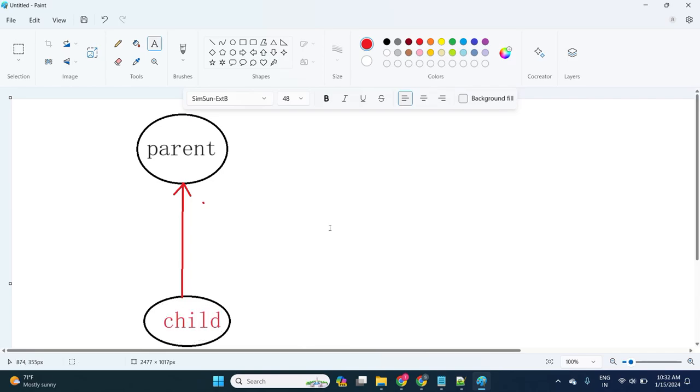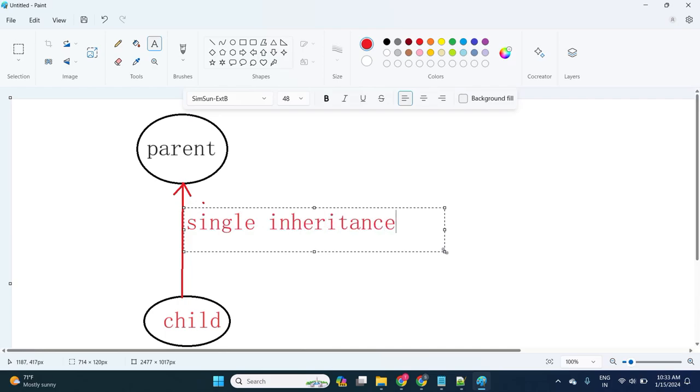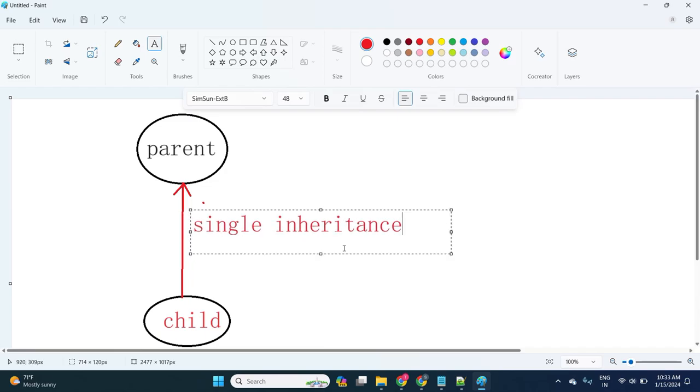A parent and a child. So what can we call this? Single inheritance. Okay, single inheritance.